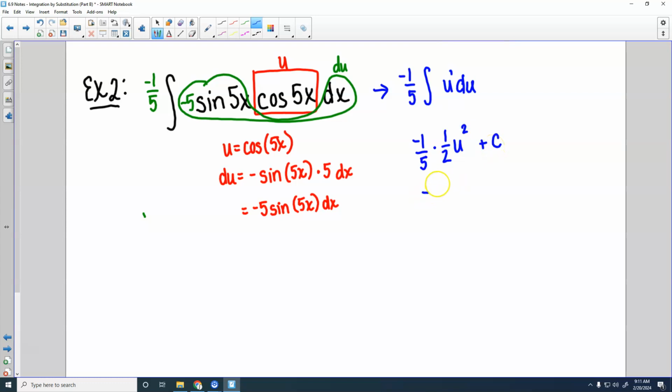And so I will have negative 1/10, and then I'll have cosine of 5x squared. That will probably be written this way: cosine squared of 5x, like that.